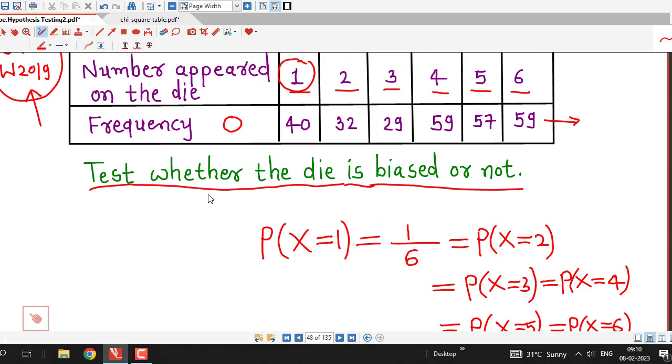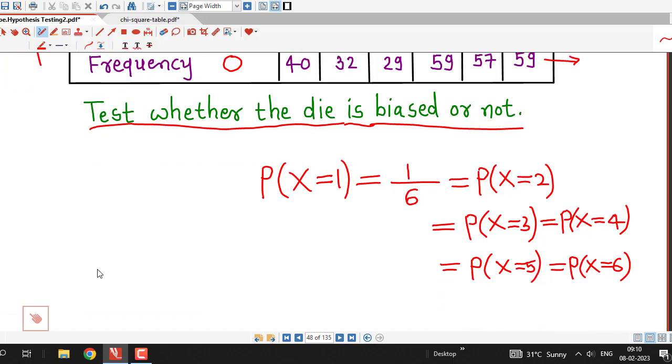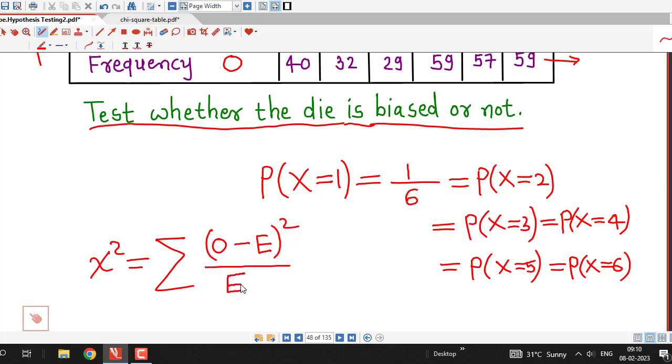And we are familiar with the formula for test statistic for chi-square goodness of fit test. It is given by sigma observed minus expected and the square of this difference divided by expected frequency.